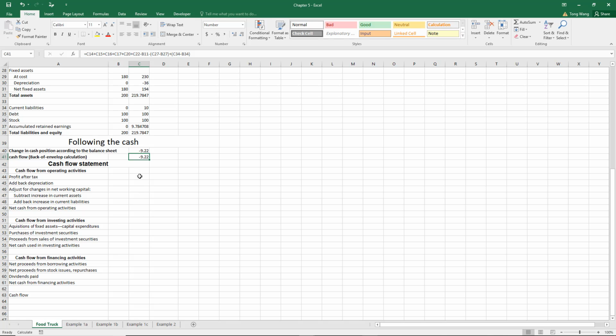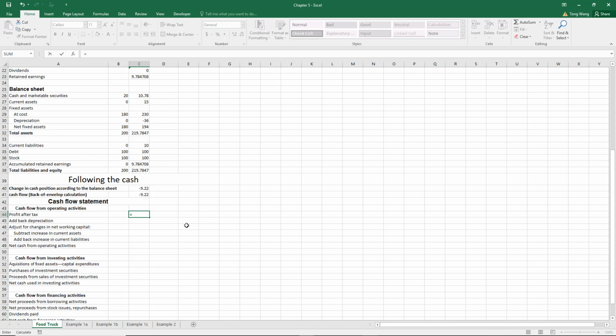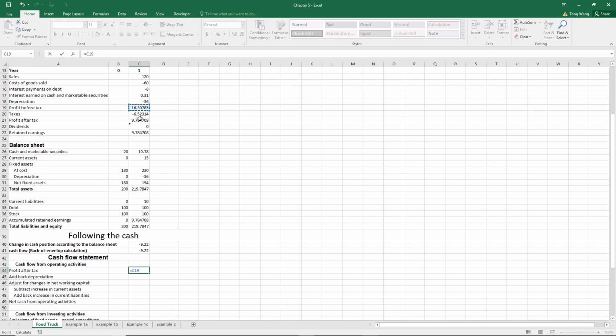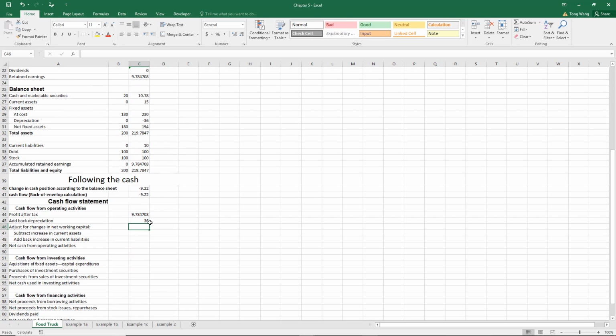Okay, so now let's do this more formally by preparing your cash flow statement in year 1. First item, profit after tax. It's right here. Add back depreciation, so it's equal to negative depreciation. So remember here, whenever we say add back, I always use a positive number. Whenever we see subtract, I'm always going to put a negative sign. Okay.